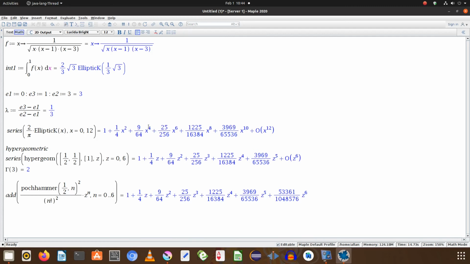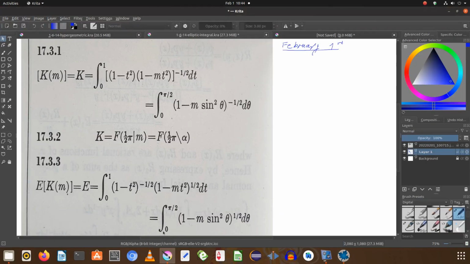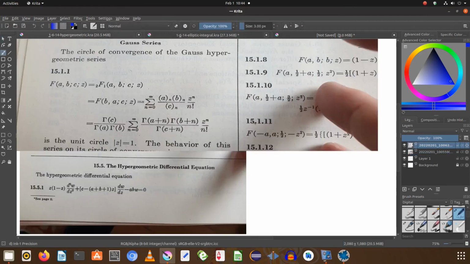Now, the elliptic series, I'm taking the first terms here. So that's it. Now we should go to the hypergeometric functions, and they are defined here. And all these photos are from Handbook of Mathematical Functions, Abramowitz-Stegun, the one I bought while I was studying.